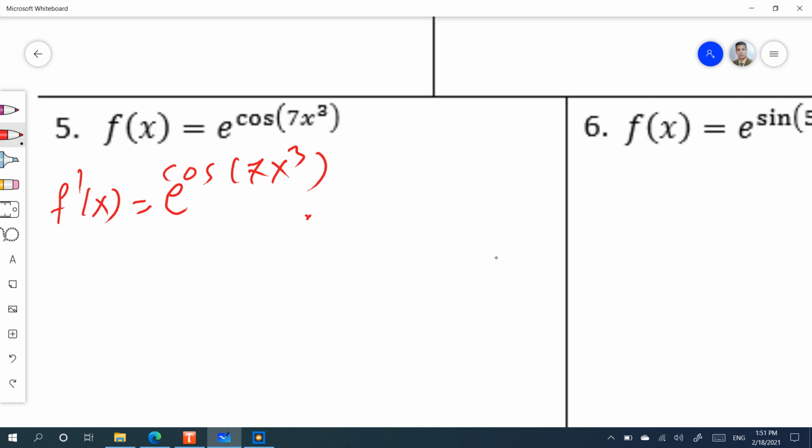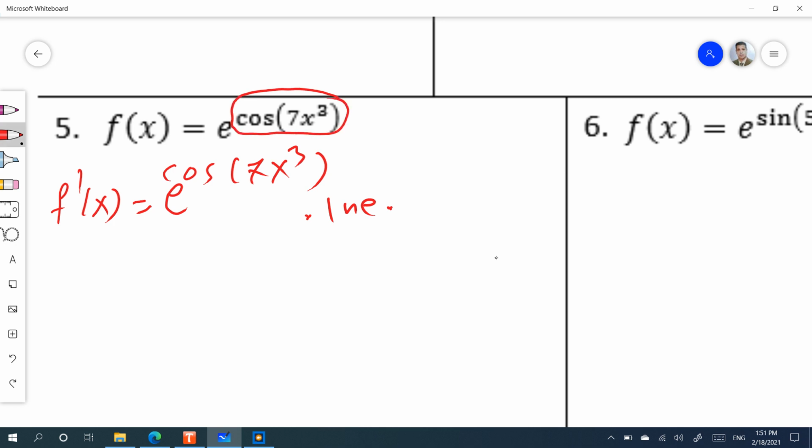We will not repeat it, or we will write it now. Okay, times the derivative of this function.